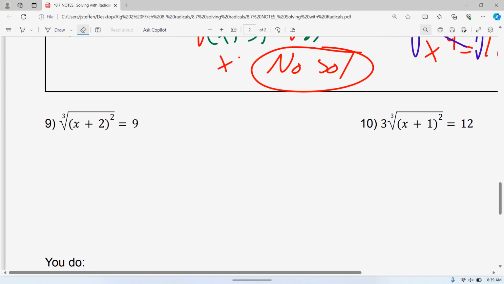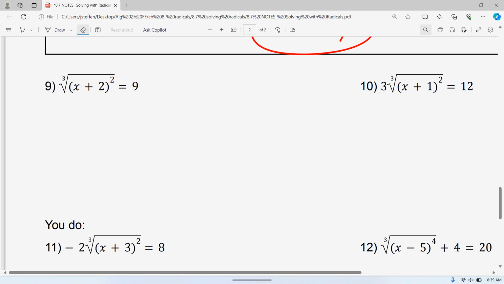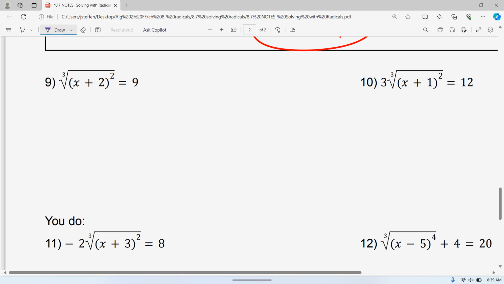So we do this the exact same way we've done before.